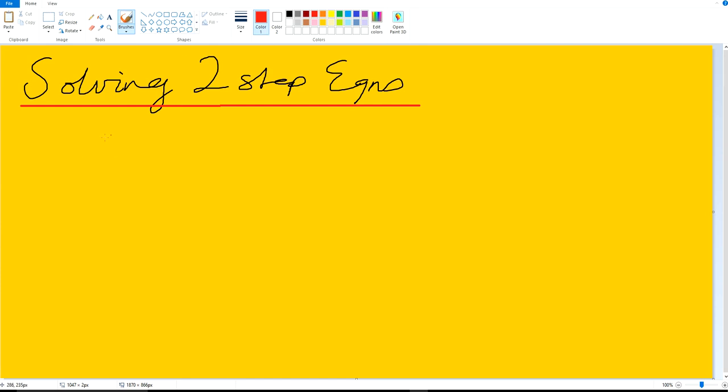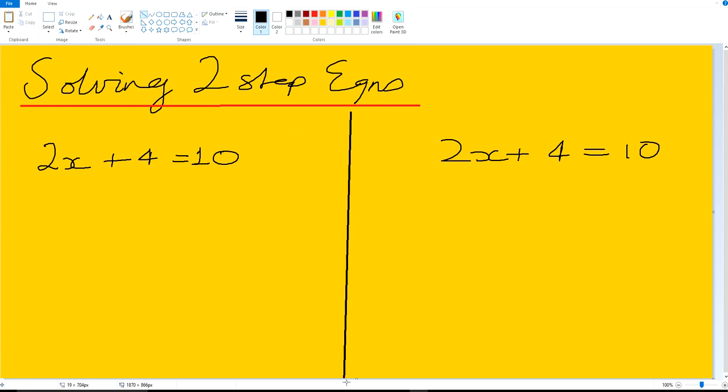I'm going to show you 2 different methods today. So we have 2x add 4 is equal to 10. We'll do it twice, so let's put a line in the middle. Let's get our ruler and put a line in the middle to divide the page.